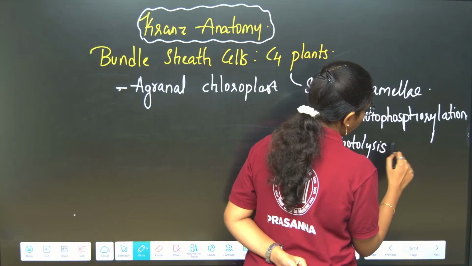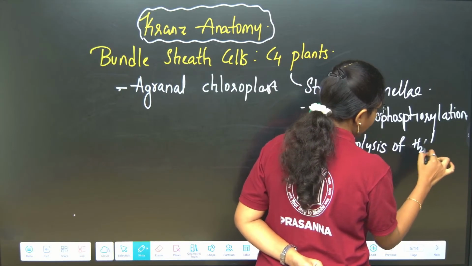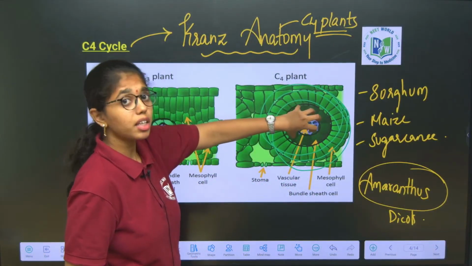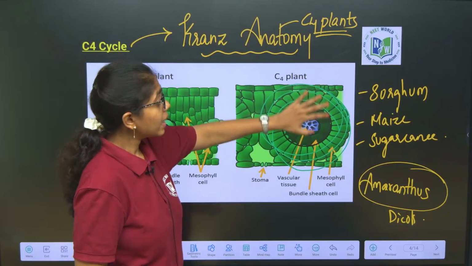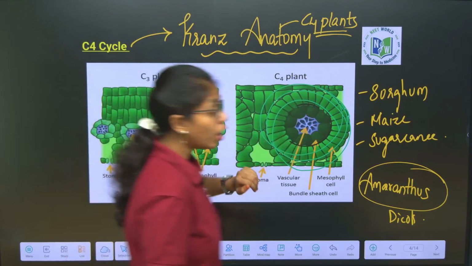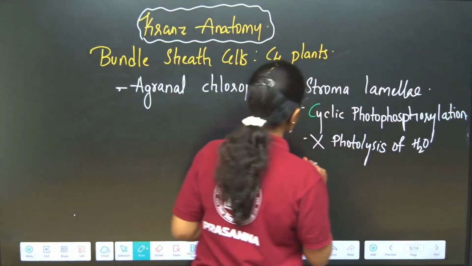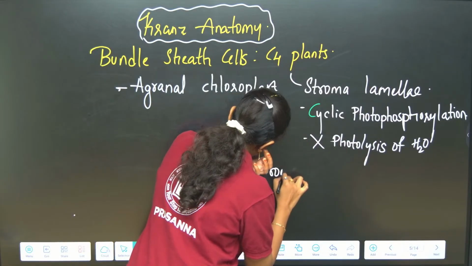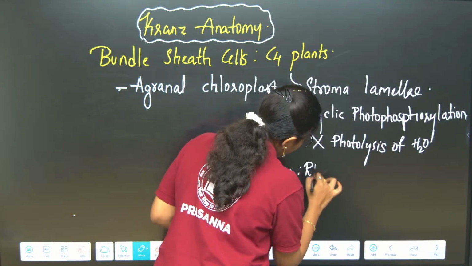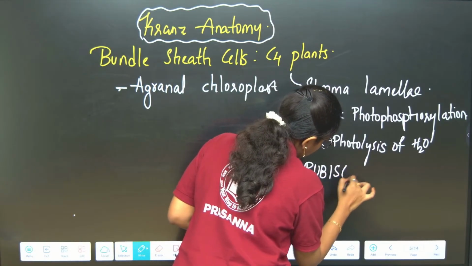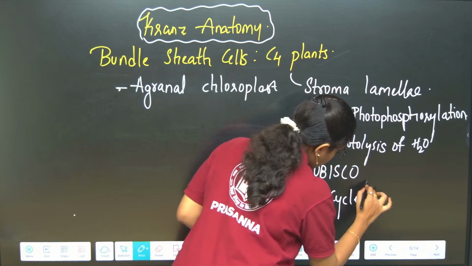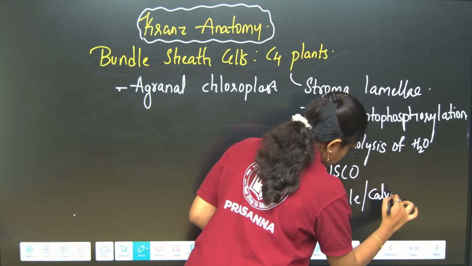And as these bundle sheath cells are deeper inside the mesophyll cells, in their stroma they have rubisco. The stroma which is having rubisco is conducting the C3 cycle or Calvin cycle inside the bundle sheath cells.